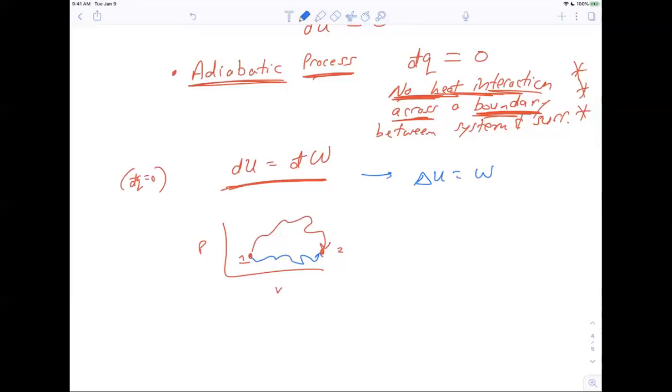All right, so what does that mean? So how do we get a unique value for w then, for a process? What would have to be a characteristic of the process? Pressure? Oh, what about the pressure? It would have to change from volume to volume?